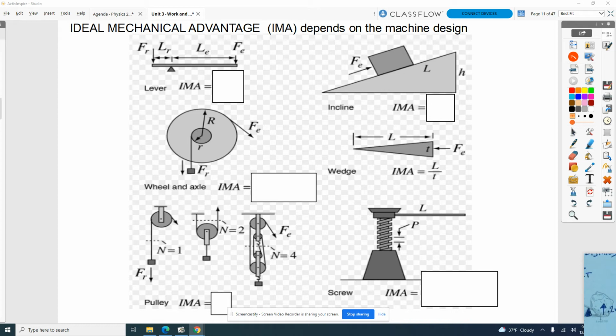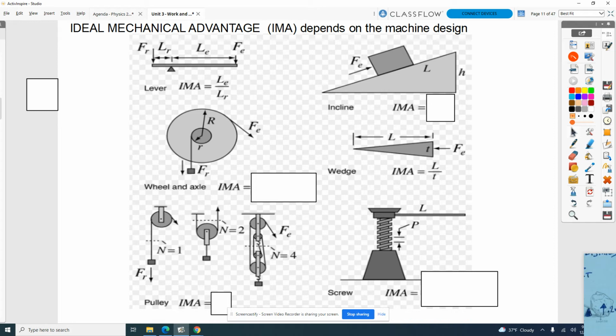So the IMA for a lever is really just a ratio of the lever arm on the input, or the effort side, so LE divided by the resistance lever arm, which would be LR.